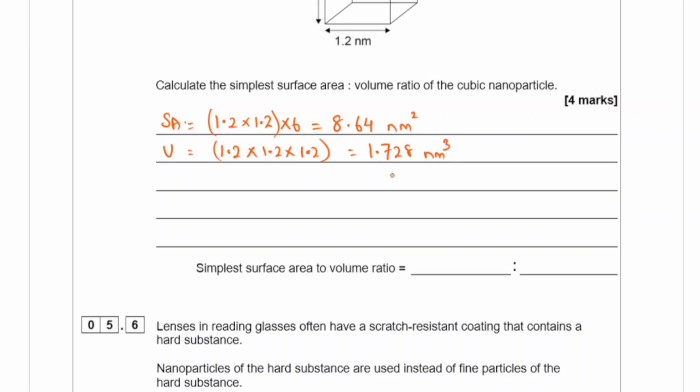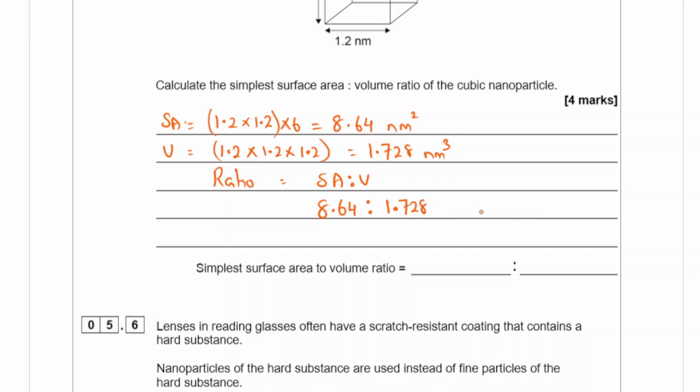nanometer cubed. So the ratio, for surface area to volume ratio, is 8.64 is to 1.728.